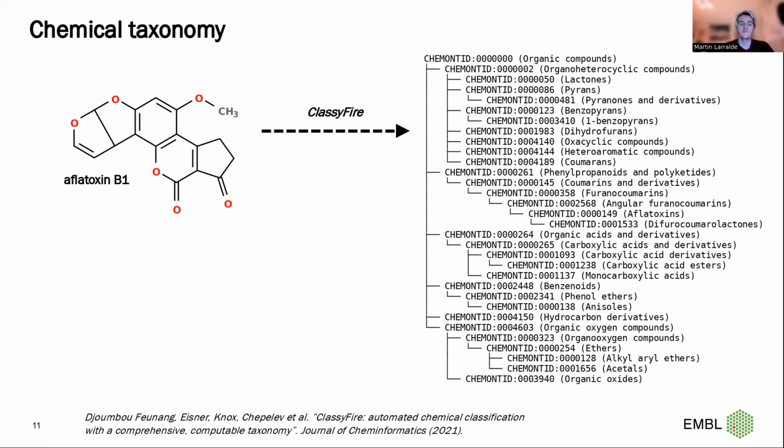Now, our question was, in order to resolve all our unknown BGCs, can we actually try to predict the chemical taxonomy for a compound being produced by a BGC entirely from its genomic region?